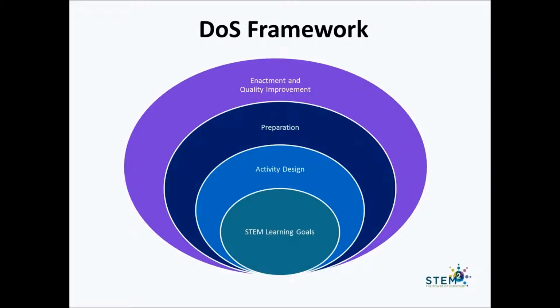So those 4 concentric ovals help you take a look at how that process can work, but I can't emphasize enough how important it is to begin with your STEM learning goals, because when you do that, what you're going to do is have an end in mind.